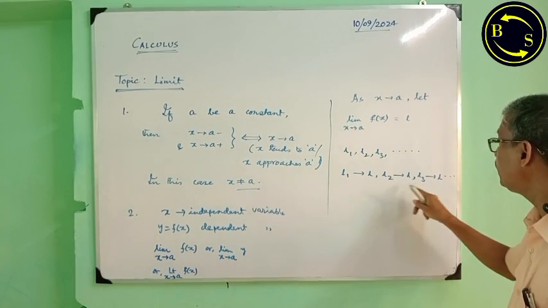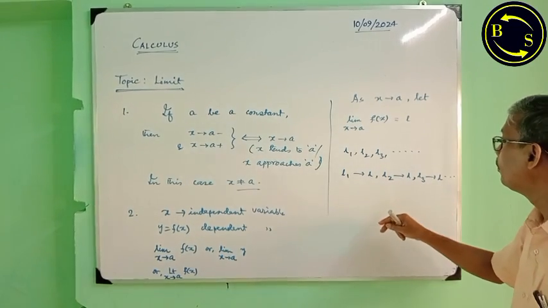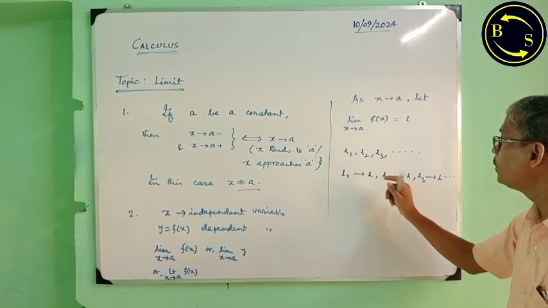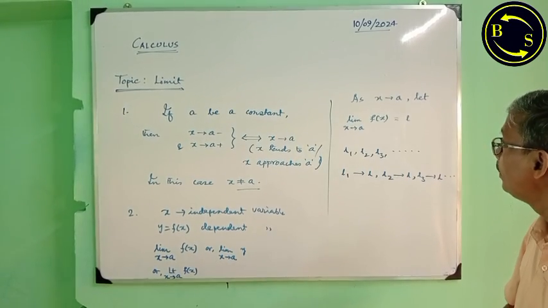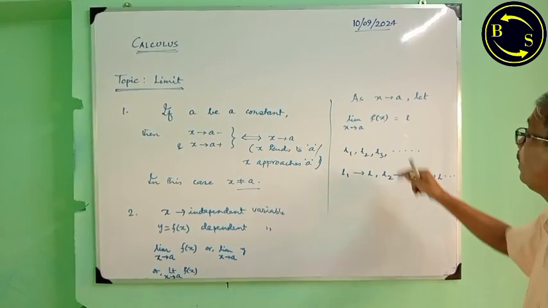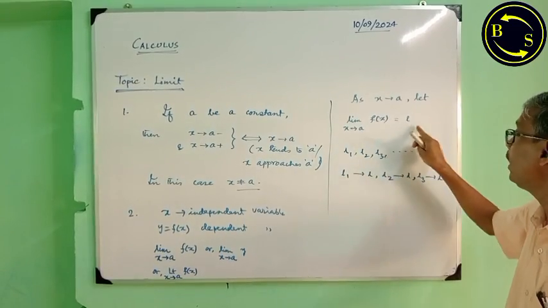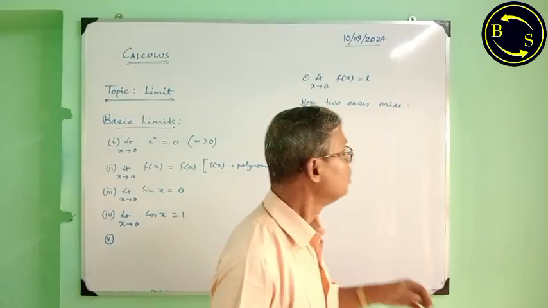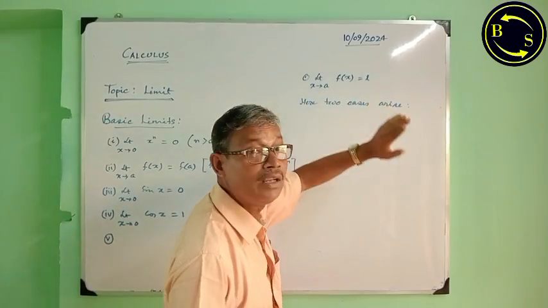L1, L2, L3, values of L1, L2, L3 will be near to that fixed value L. In that case, we say limiting value of fx as x tends to a is L. Thus, when x tends to a, fx is equal to L.